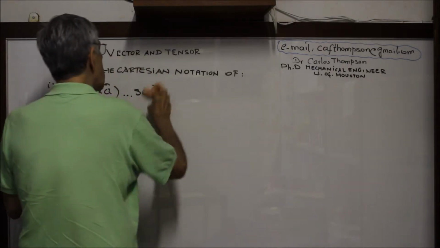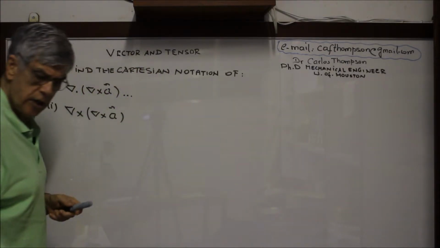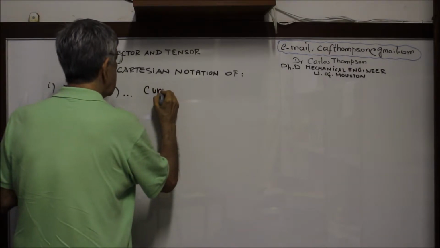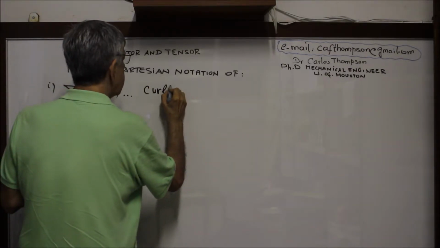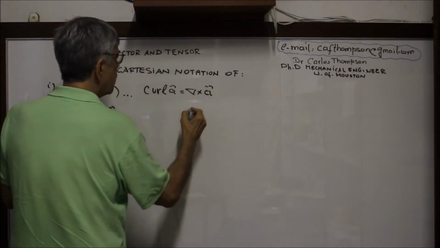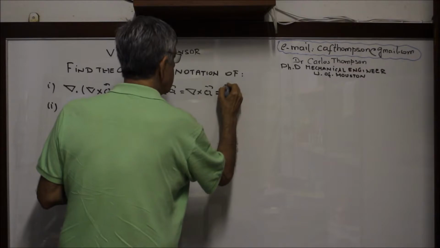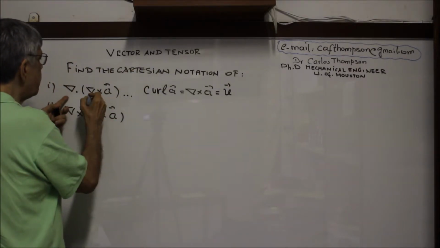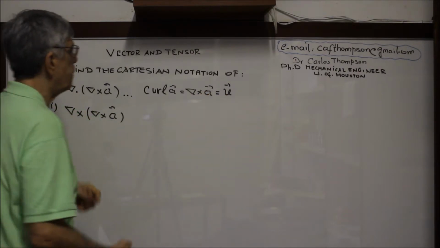Let's call the curl of A, the rotation of A, vector U. So what I want is the divergence of U. That's a vector.